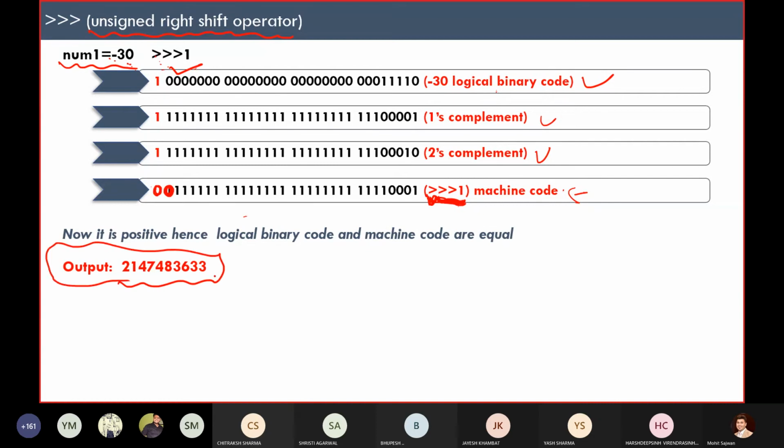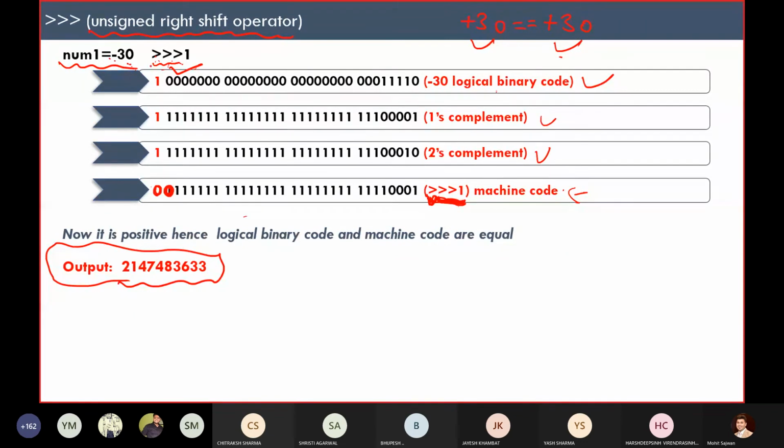You can execute it on your machine too after this lecture. You will see that for a positive number, whether you perform the signed or the unsigned operator, you will get the same result. But for negative numbers, you will not get the same result.